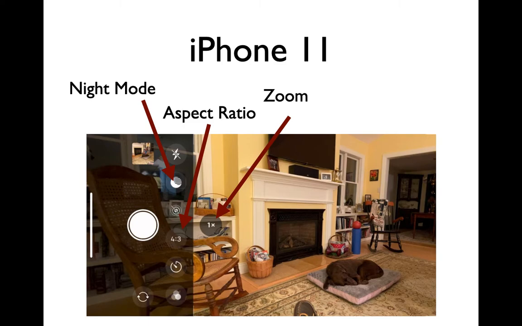You see that the arrow is pointing to a moon, and we're going to talk about that. Aspect ratio is where it says 4:3, and then the 10 and the 11 both have a zoom. And right now, this particular image has a 1x. If you were to tap on it, on either the 10 or the 11, it would go to 2x, which zooms in a bit.